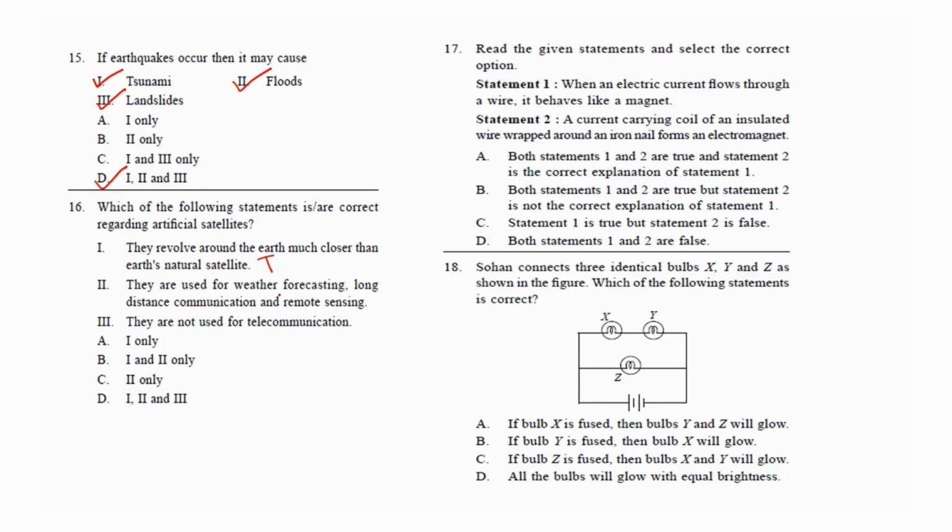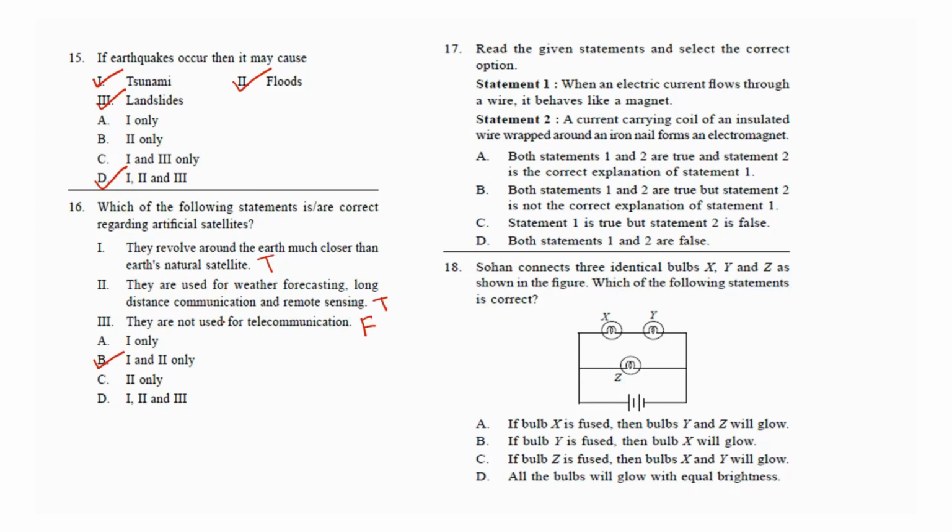They are used for weather forecasting, long distance communication, and remote sensing. This is also true. They are not used for telecommunication. This is false, because definitely these satellites are used for telecommunication also. So the first two statements are correct. So our answer is option number B, right?